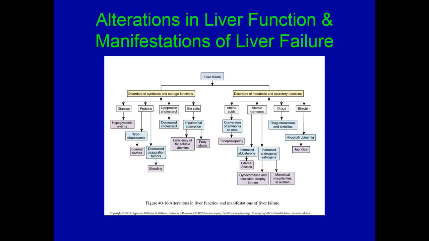So all the things that go wrong because of lack of synthesis and storage, like your lack of iron storage, lack of clotting factor storage, etc. And disorders of metabolic and excretory functions, so basically things building up in the body, and different problems with those substances. You don't have to memorize this, but if you're confused, it helps to give you a map of why and where it goes.